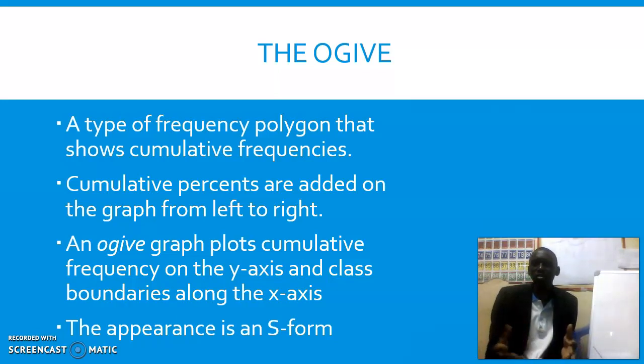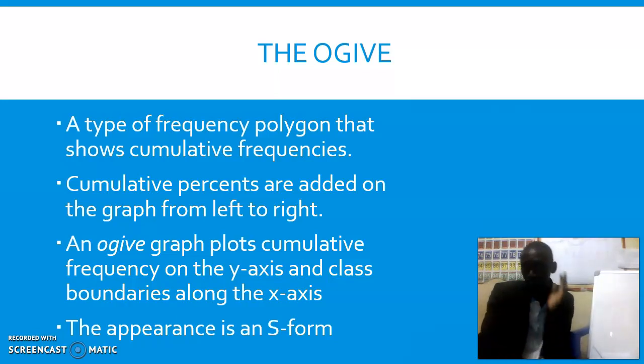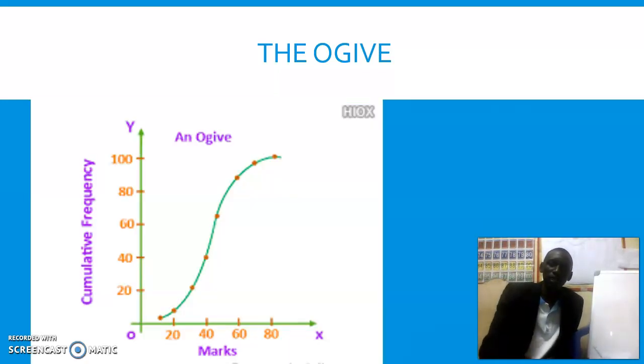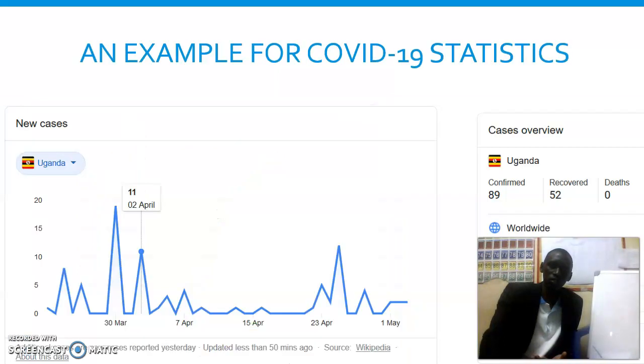The appearance of a cumulative curve in most cases will turn out as a kind of S form. And that's an example of the cumulative frequency curve. It keeps adding, and the final vertical value actually corresponds to the total number of the frequency or the number of items that you used.